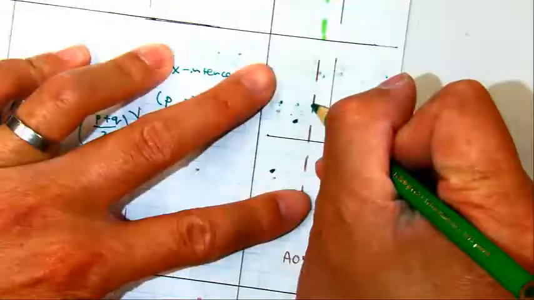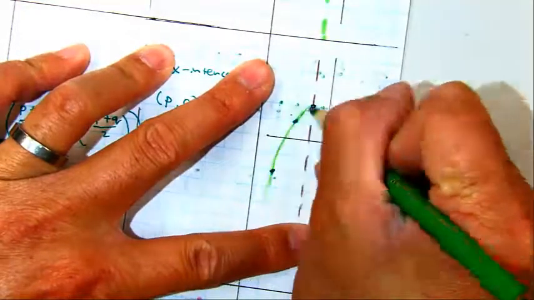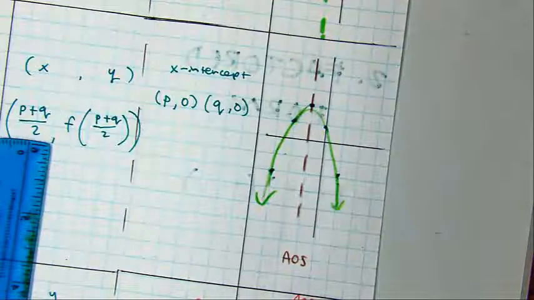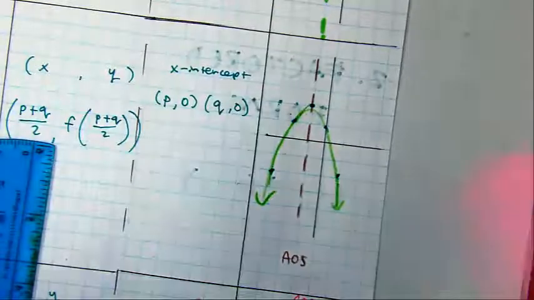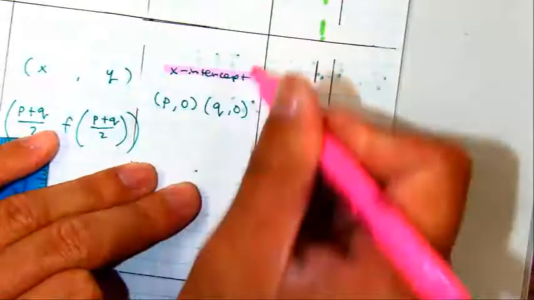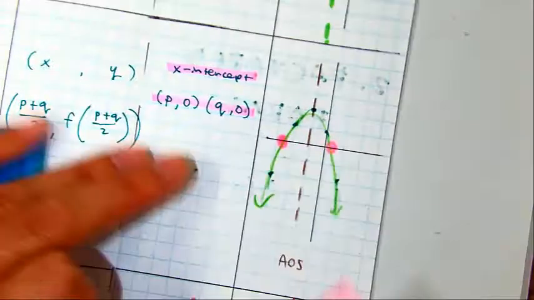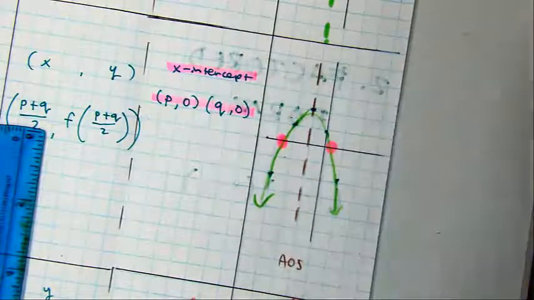Let's say this is my graph here. And notice this is my vertex, but the big idea is that the x-intercepts, the p and the q, are right there. So this is the vertex.